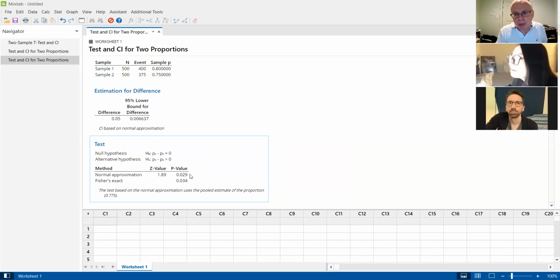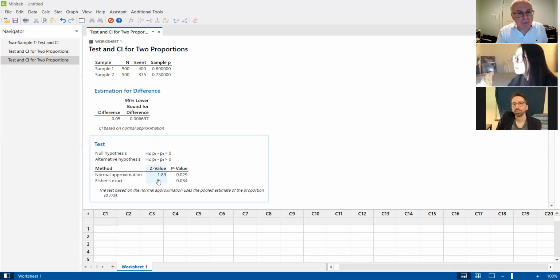Just use the normal approximation, 0.029. I might even state it in the problem: use normal approximation. If I asked for the Z statistic, this is it right here, 1.89. That's our Z statistic.